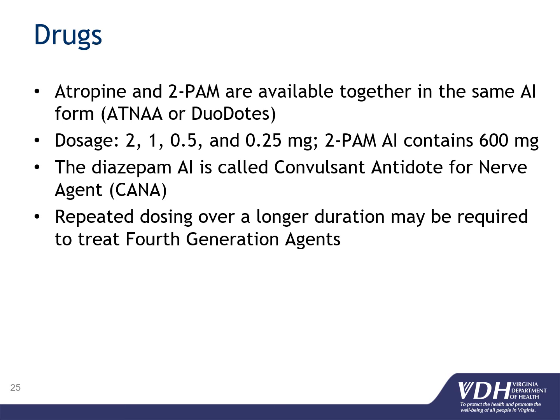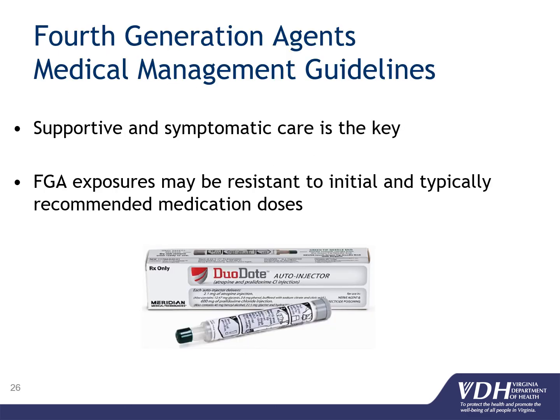More repeated dosing over a longer duration may be required to treat fourth-generation agents compared to other nerve agent poisons. With fourth-generation agents, medical management guidelines are extremely important, and supportive and symptomatic care is the key.